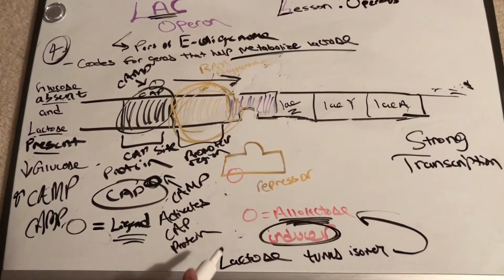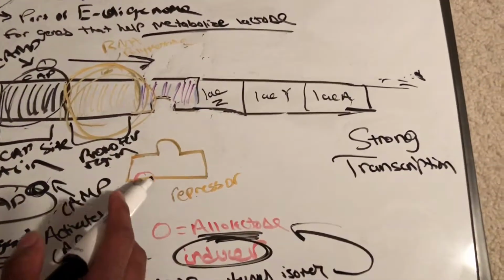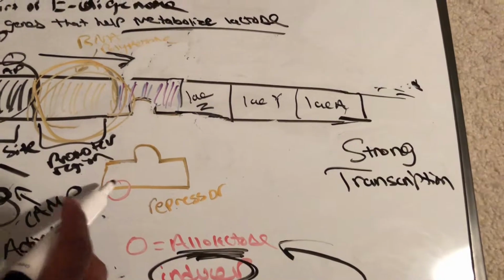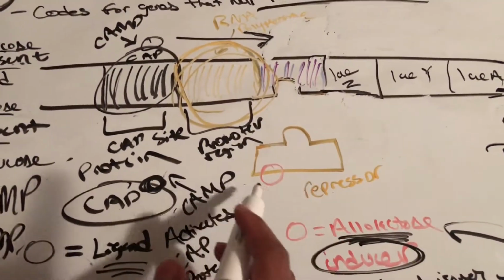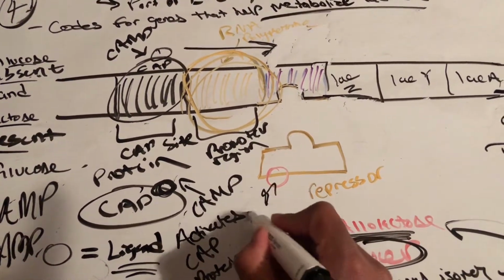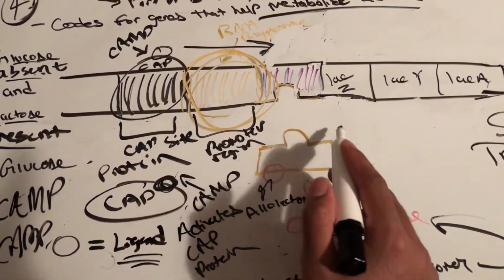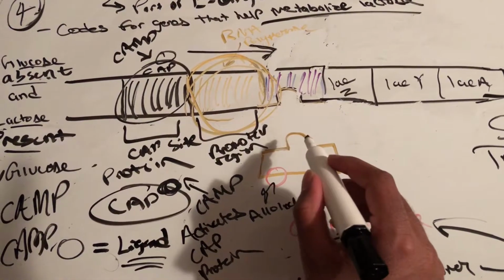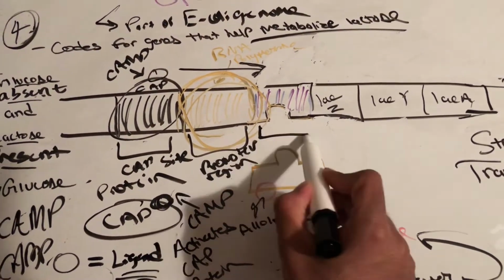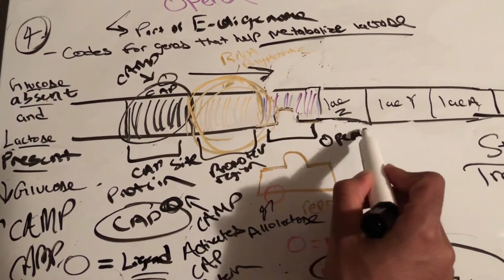So what it does is it binds to the repressor protein, and since allolactose binds to the repressor protein, it goes off of the operator region. So this is the operator region.